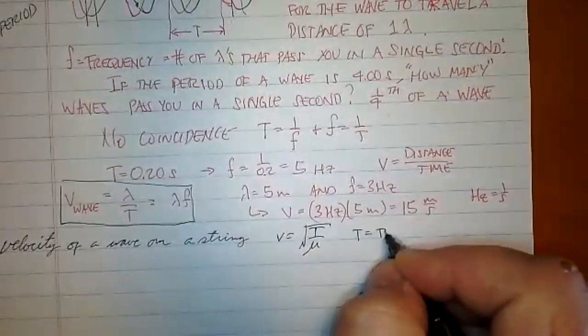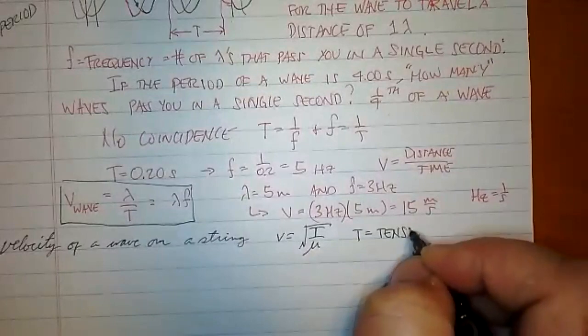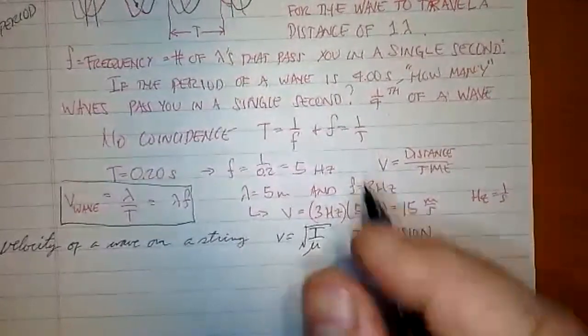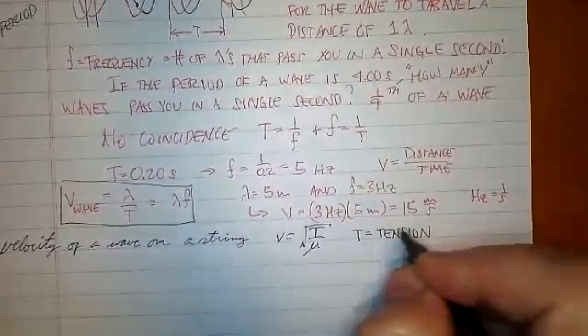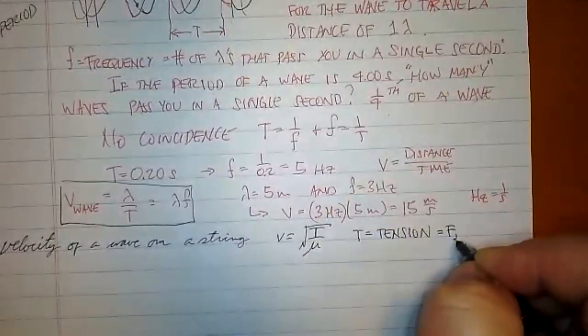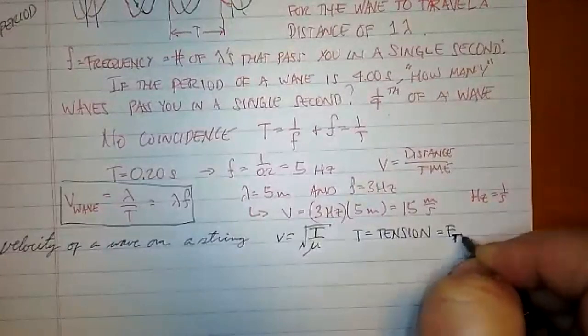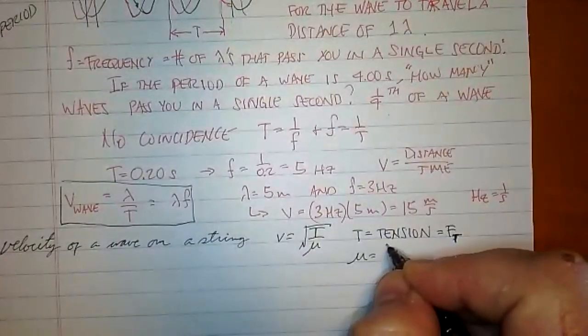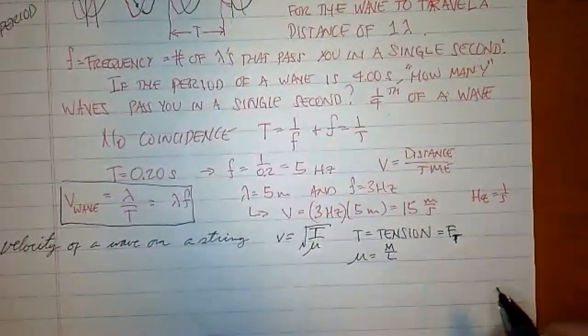T equals tension, not to be confused with period. That's why sometimes people will use a P for the period. Your book's using F sub T, so you could also use that instead of the letter T for tension if you wanted. And mu is the mass divided by the length of the rope.